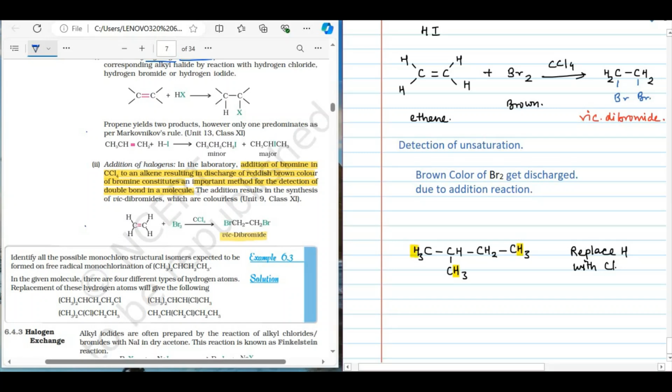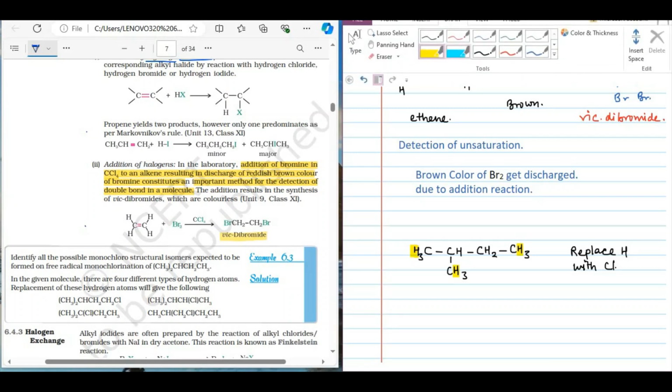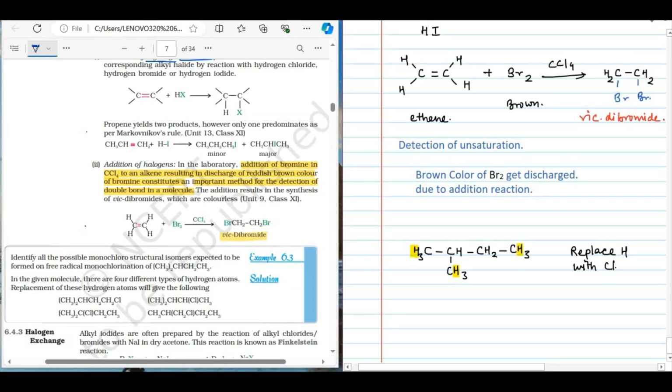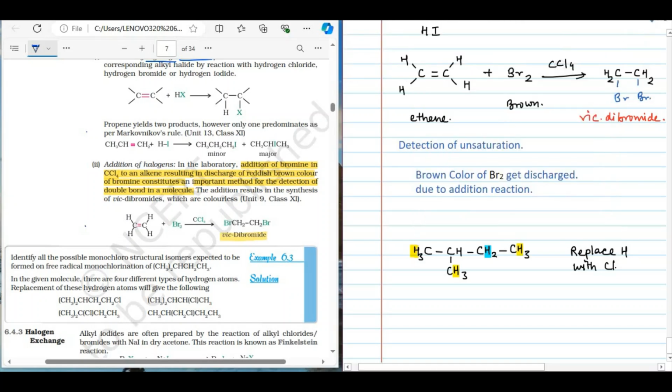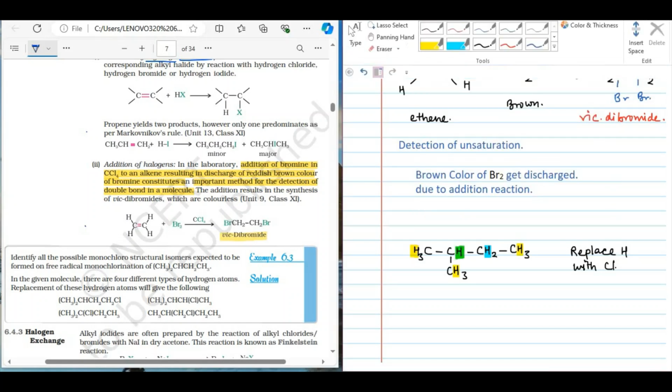So we can replace these hydrogens with Cl. And the other type, this hydrogen is the secondary hydrogen that can be replaced. And one more hydrogen is there. This one is the tertiary hydrogen that we can replace.